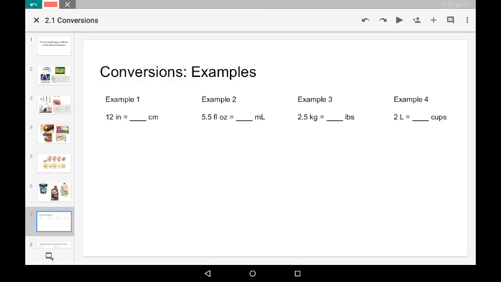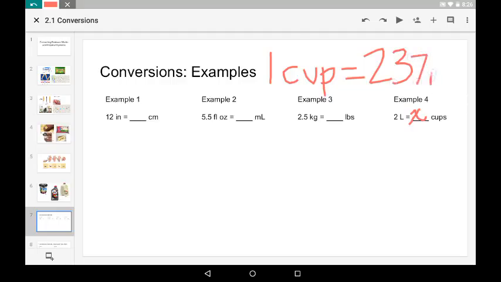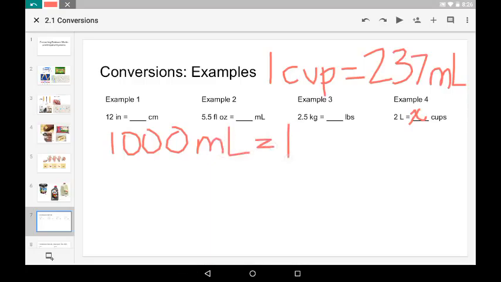For the last example, 2 liters equals how many cups? Again, we'll have an x here for now. Look on your sheet. Liters and cups are volume. So 1 cup is equal to 237 milliliters. Now you have to remember we're converting to liters, and this is given in milliliters. There are 1,000 milliliters in 1 liter. So when you convert it, you end up with 0.237 liters.